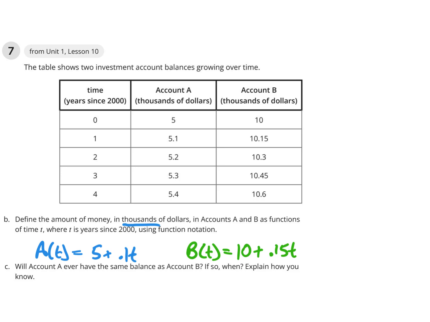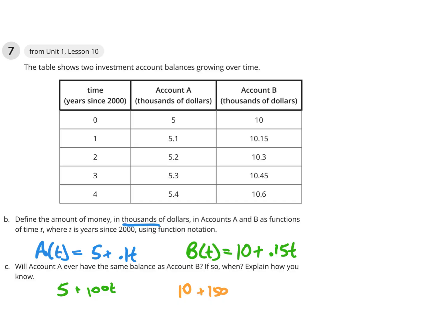Okay, will account A ever have the same balance as account B? Okay, account A starts at 5,000 and it goes up by $100. Account B starts at 10,000 and goes up by 150.